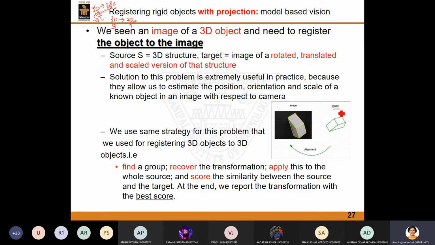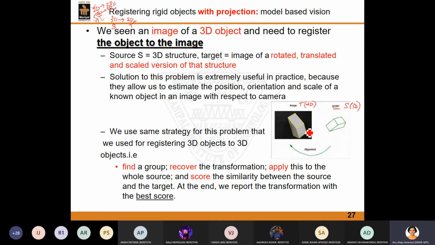In this 3D model, you have applied some kind of a transformation, such as a rotation, translation, or scaling operation, and then you have imaged it, and this is the kind of image that you have obtained. So what you're trying to do is register this 3D object, which forms my source, to the 2D object, which is my target here. So this is the 2D image and this is the 3D object.